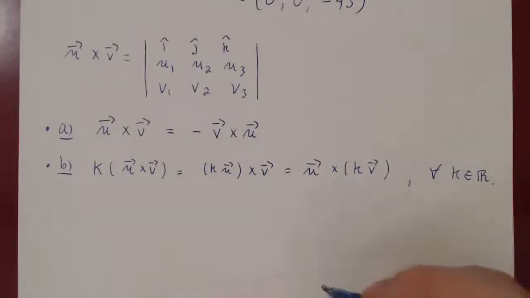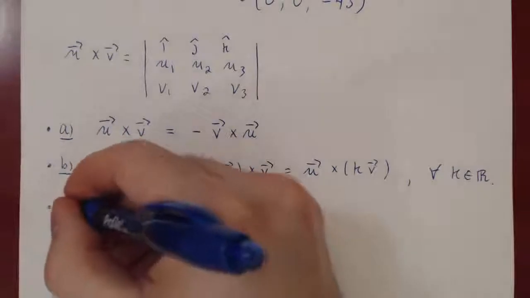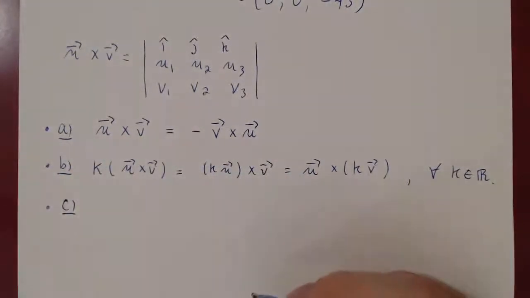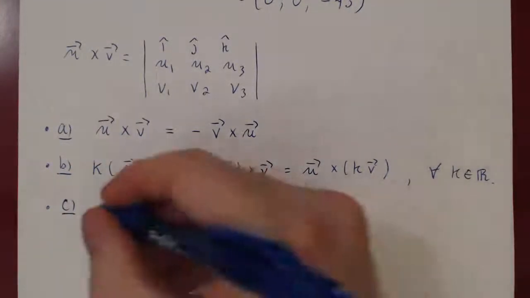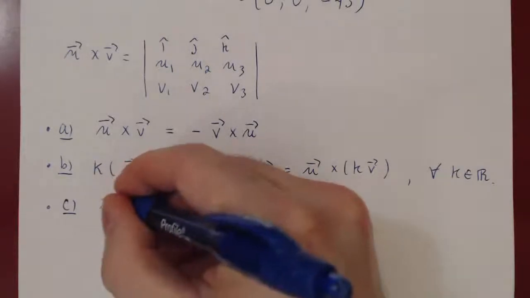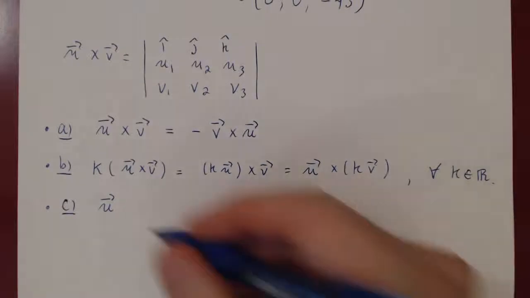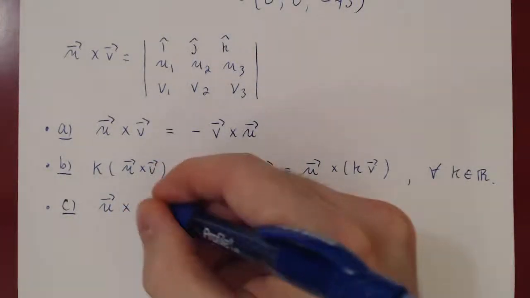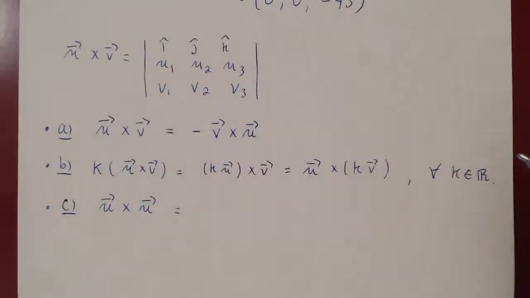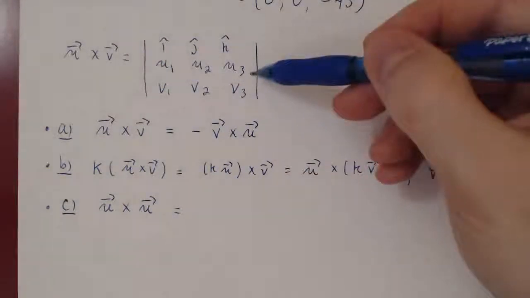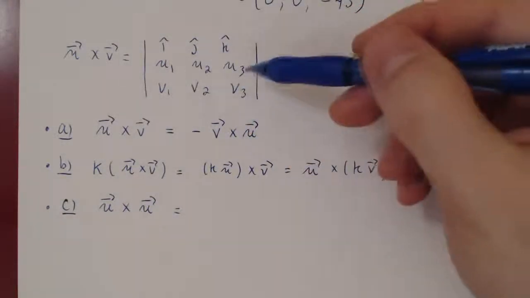The third property, property C: what if we cross a vector with itself? If you recall the dot product, if you dot a vector with itself, you obtain the norm of the vector squared. But what if you cross a vector with itself? Well, think about it. Then the second row and the third row of the matrix would be the same.